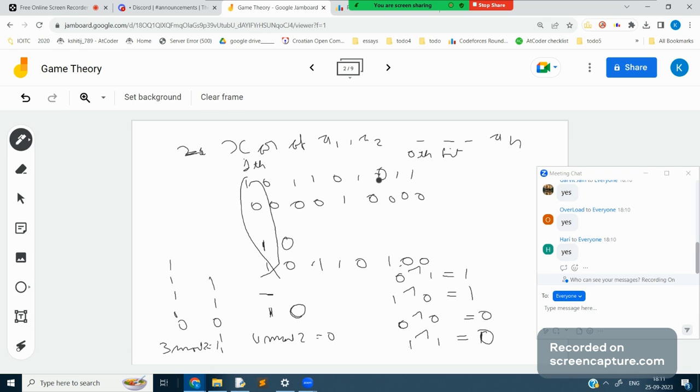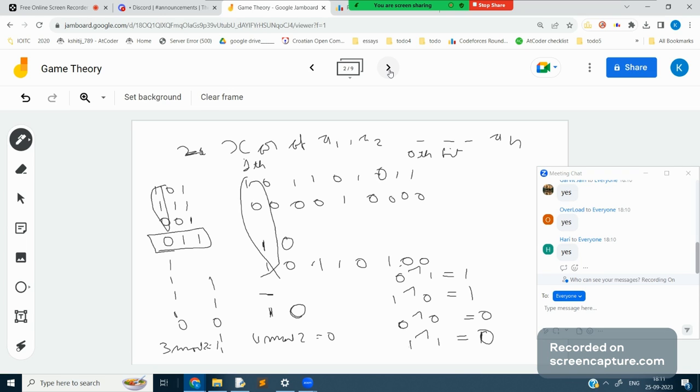I will just give an example. Suppose there are three numbers with these bits. The sum here is 2, so the value mod 2 will be 0. The value here will be 1. The value here will also be 1 as the sum is 3. Did you all get the part? This is the binary representation of the numbers.